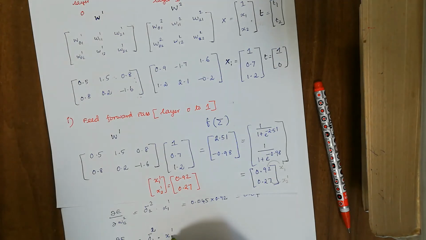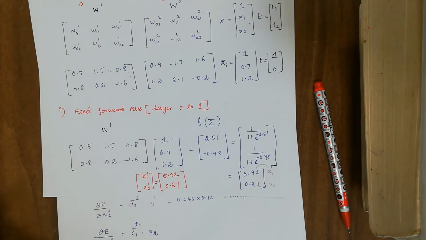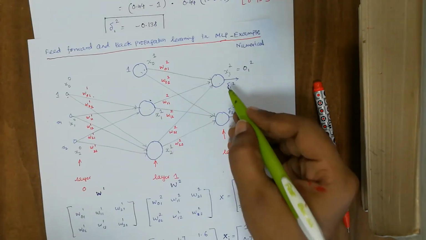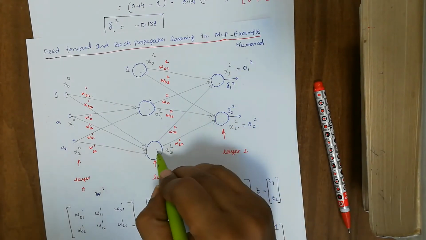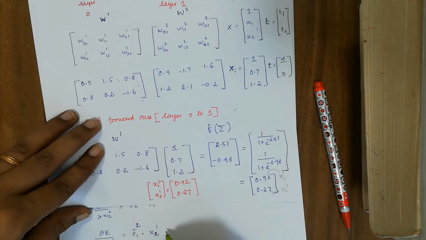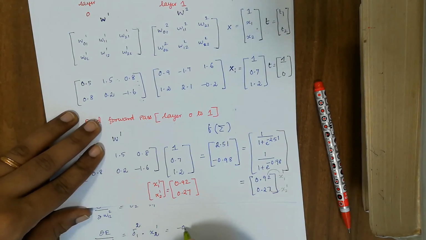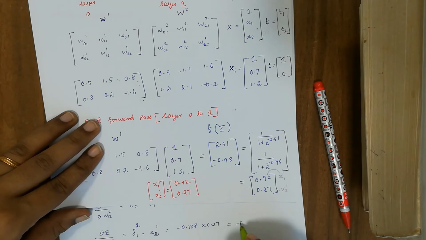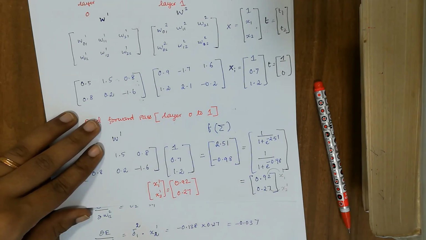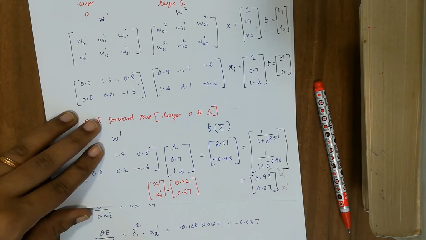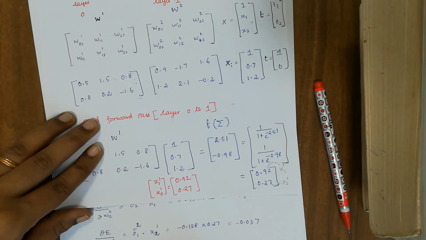Okay, sorry, this is x21, which is nothing but minus 0.27 into minus 0.037. Dou E by dou W222 is del 22 into x21.